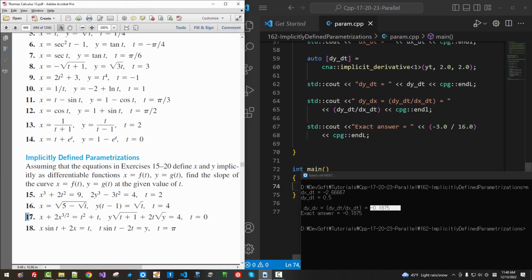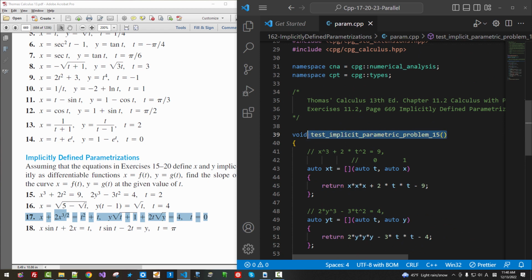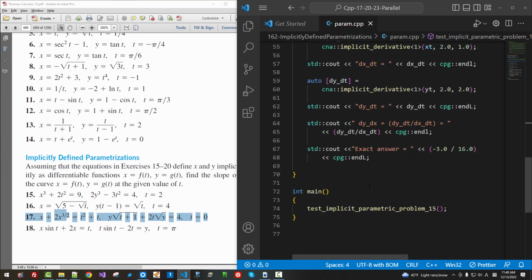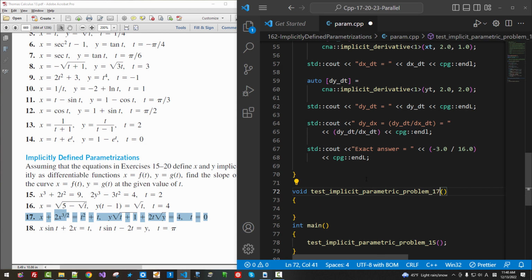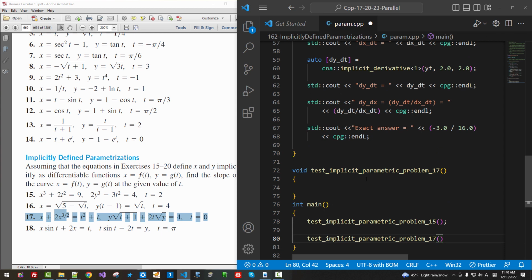Now let's move on to problem 17. This problem is very advanced. Scroll up. I will copy the function name, paste it here. Now it is problem 17. Copy, paste it here, disable it.